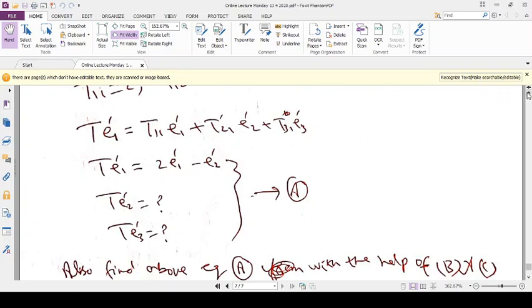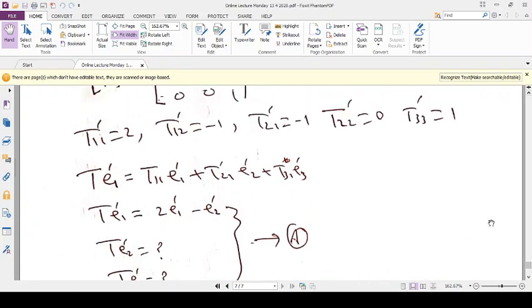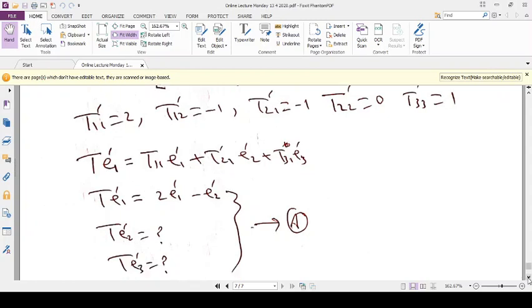So if you want to write T11 dash, it will be equal to e1 dash dot Te1 dash, which will be simply T11 dash e1 dash dot e1 dash, plus 1 e2 dash dot e1 dash, plus 0 e3 dash dot e1 dash, which will be 0. Then T11 dash is 2 and T21 dash is minus 1. So Te1 will be equal to 2e1 dash minus e2 dash.